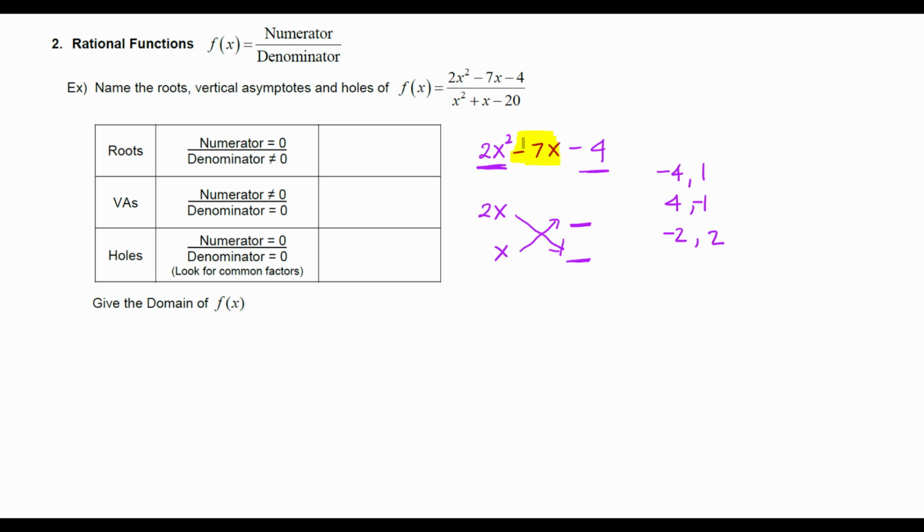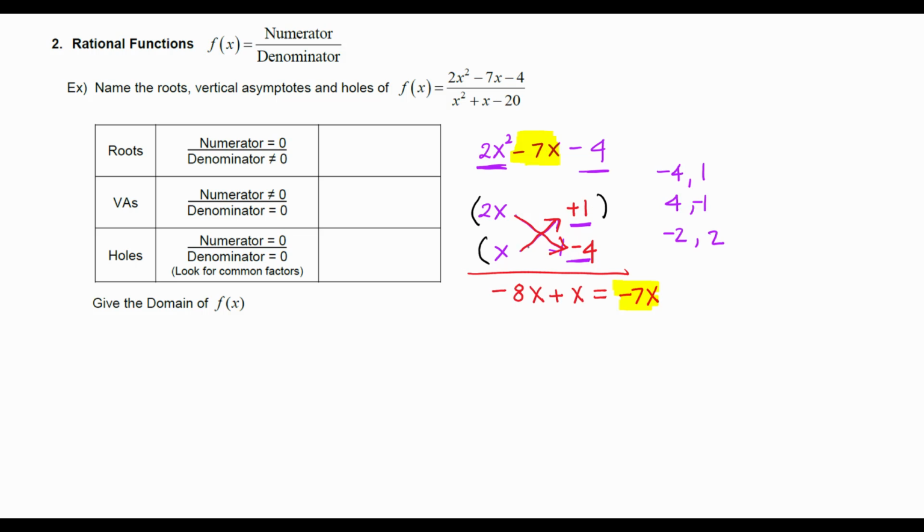So in order for me to obtain -7x, I will locate -4 here and a +1 there, so that when I multiply with these two, which is the outer two, it is -8x. When you multiply these two, this is a +1x, which gives you -7x, what I exactly needed in the middle of this trinomial.